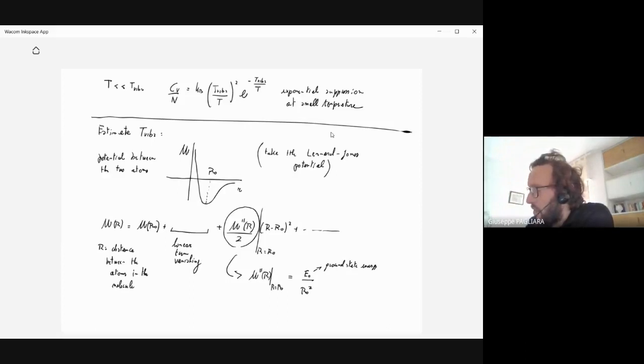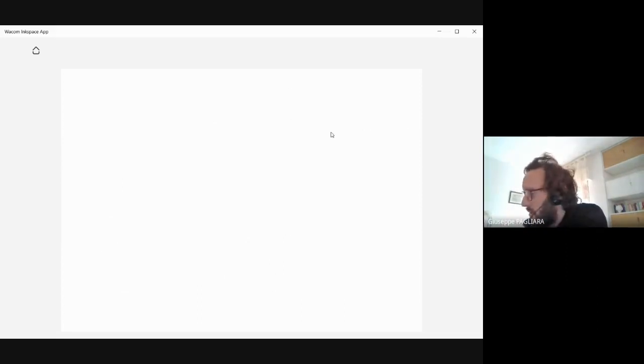Now, what is E0? This ground state energy, this typical atomic scale. Let me change page. E0 in atomic scale cannot be, of course, MeV, which is a nuclear physics scale, but is of the order of electron volt or some tens of electron volt.